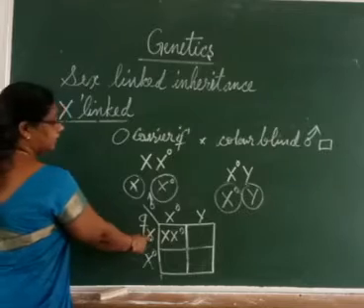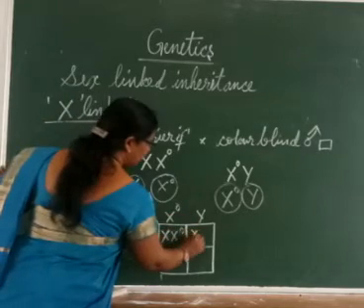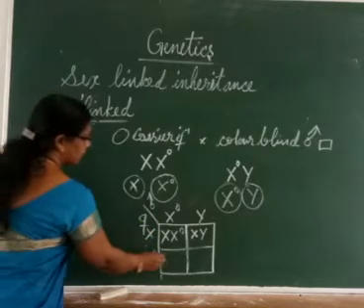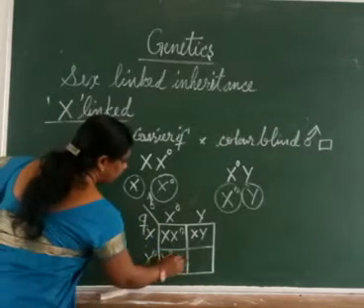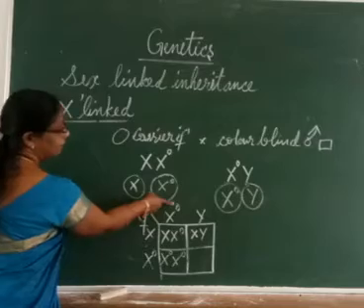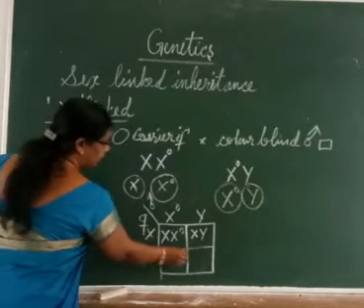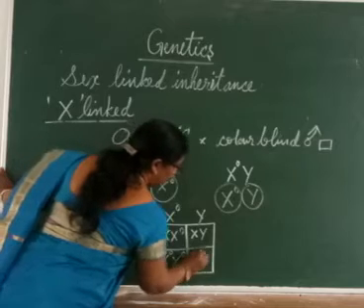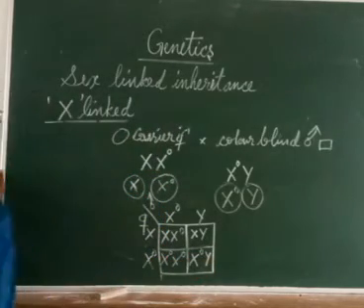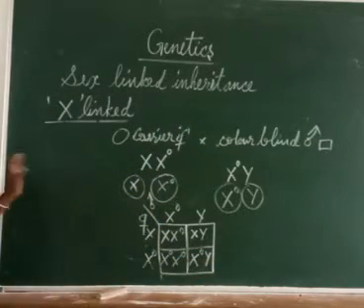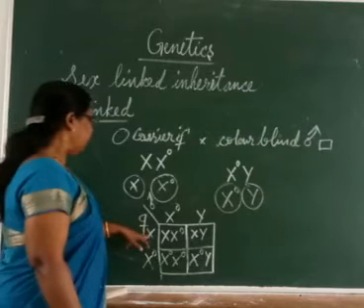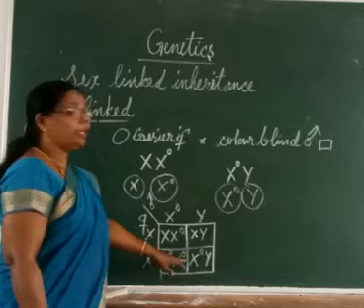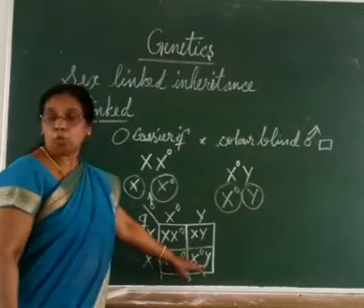Here this X with this Y, XY. And this X0 with X0, you can see 0 is here also, and X0Y. See this one clearly, first one X and X0, X0, and X0Y.